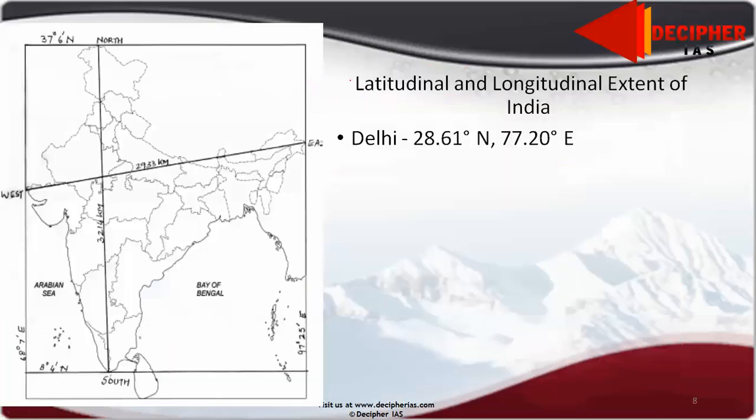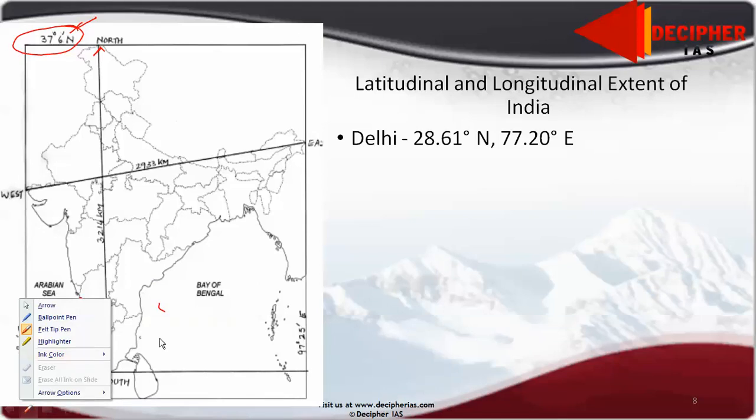Now moving forward, let us consider the latitudinal and longitudinal extent of India. You know, India varies from 37 degrees 6 minutes north to 8 degrees 4 minutes north. It is called north because it is above the equator, and this is for the mainland. The thing to keep in mind, it is for the mainland.